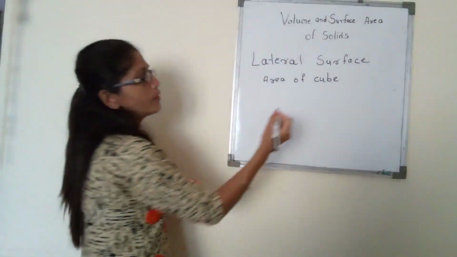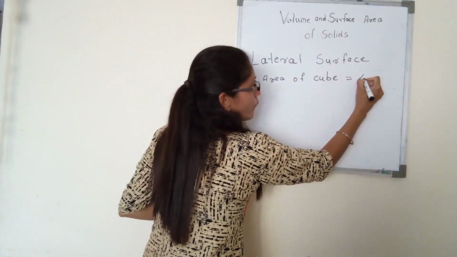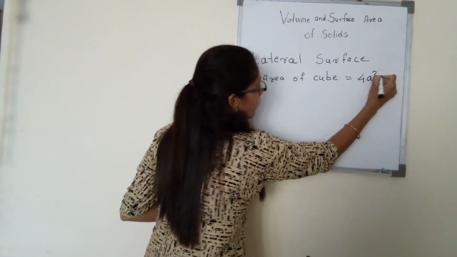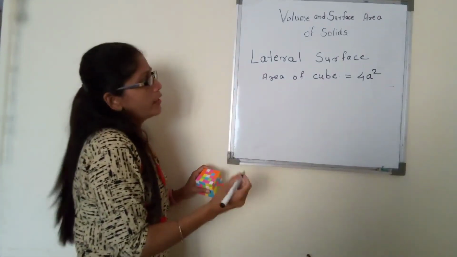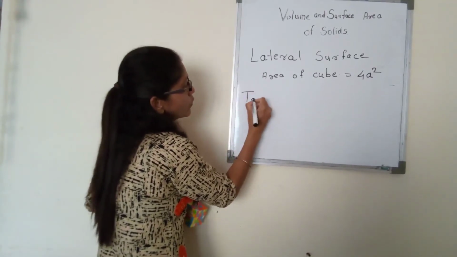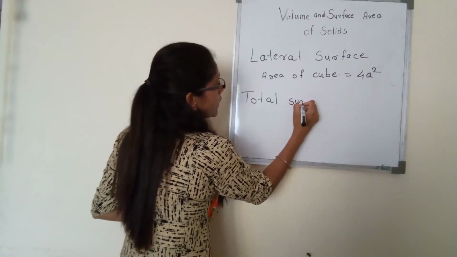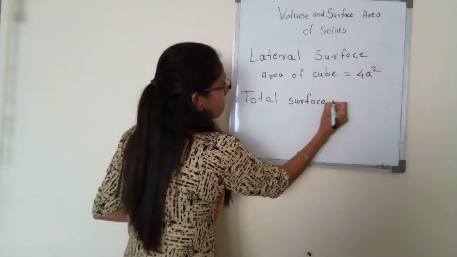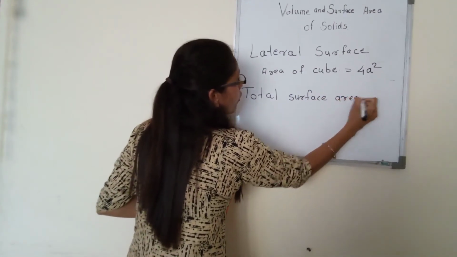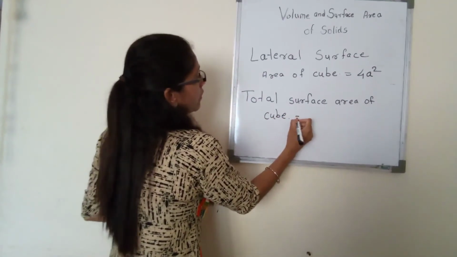Then what will be the area of the 4 squares? That is 4a square. Then we will see the total surface area of the cube.